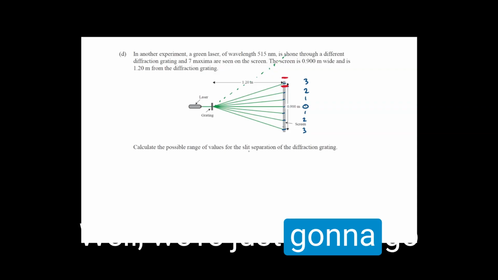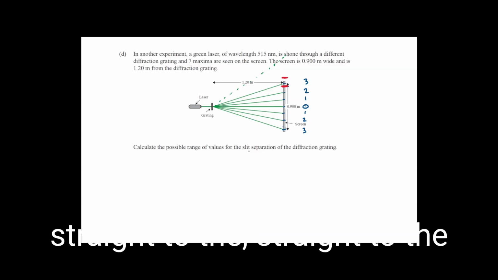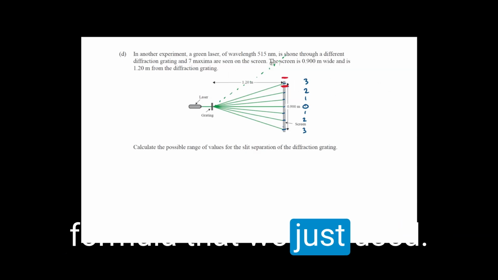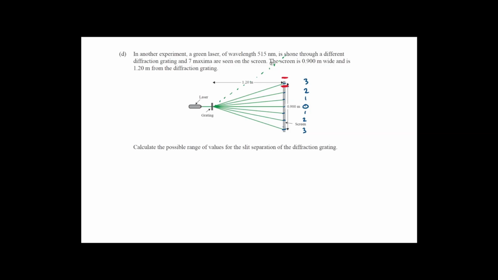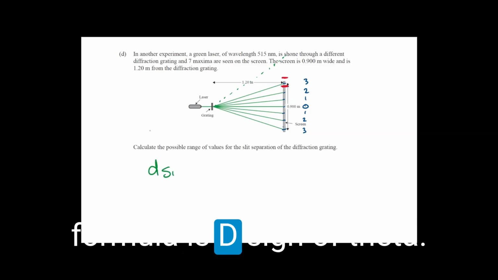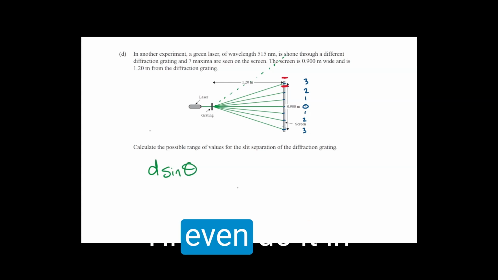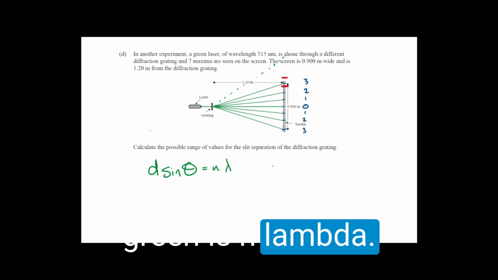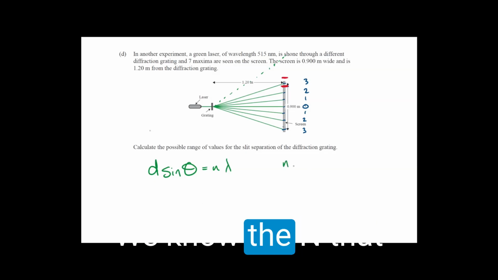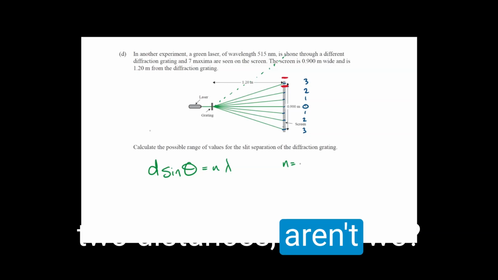Okay, so how are we going to do it? Well, we're just going to go straight to the formula that we just used. If you remember, the formula is d sine theta, I'll even do it in green, equals n lambda. So let's look at what we've got. We know the n that we're looking for. Well, we're looking for 2 distances, aren't we?